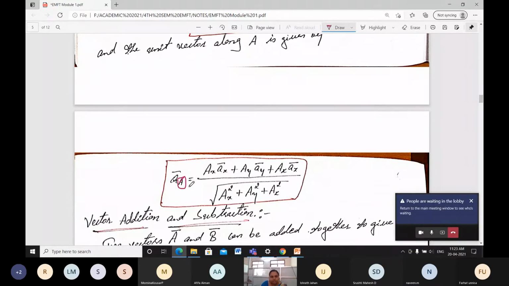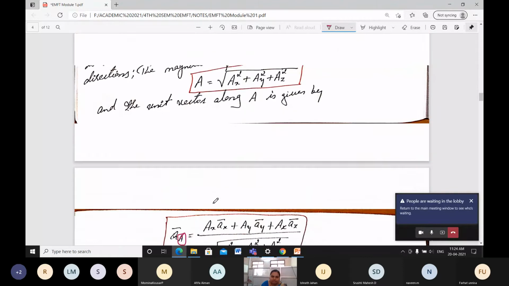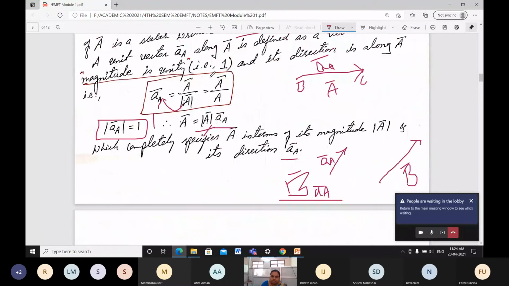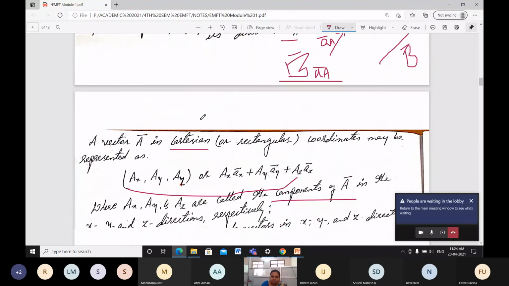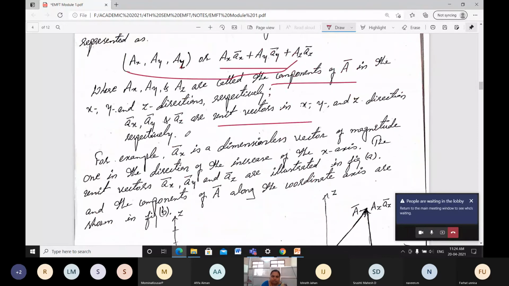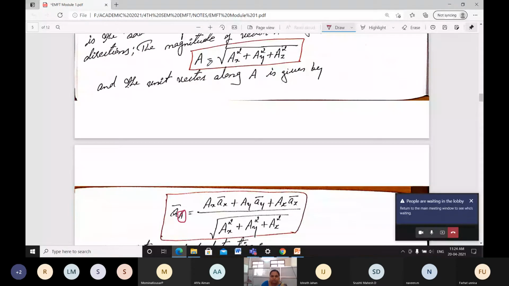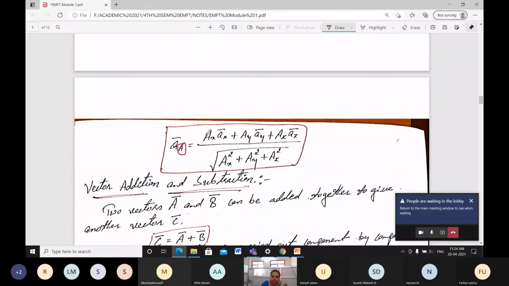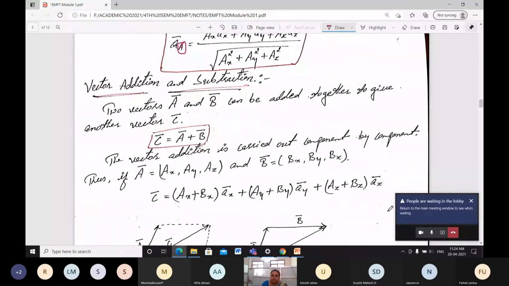You can write it as a_A bar, which equals Ax bar plus Ay bar plus Az bar divided by the magnitude. The definition of the unit vector is vector A bar divided by its magnitude. Vector quantity divided by magnitude gives you the unit vector.